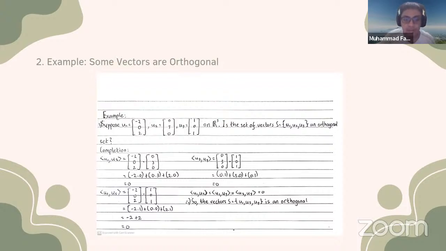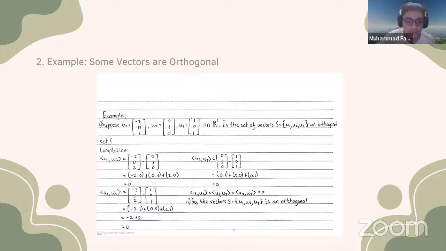The question is, is the set of vectors S equals {u1, u2, u3} an orthogonal set? For the answer, the inner product of u1 and u2 equals (-2, 0, 2) dot (0, 3, 0), so the result is 0.